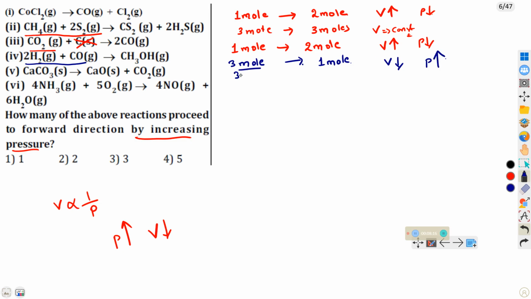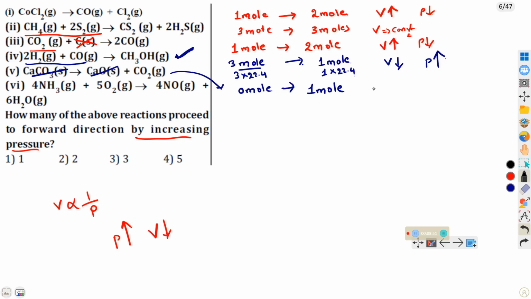1 mole means 22.4 liters. 3 into 22.4 liters converted to 1 into 22.4 liters, so volume decreases. So here, fourth one, high pressure favors. Fifth one, solid, neglect. 0 moles of gaseous reactants are converted to 1 mole of gaseous product.